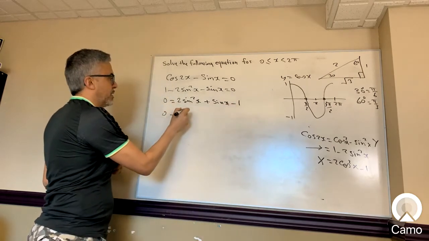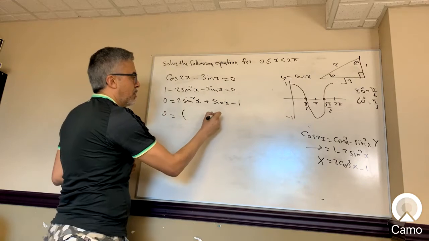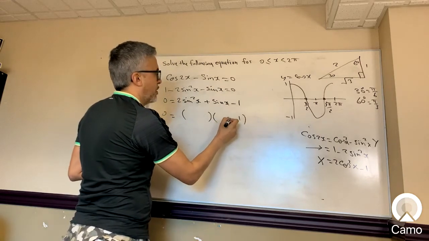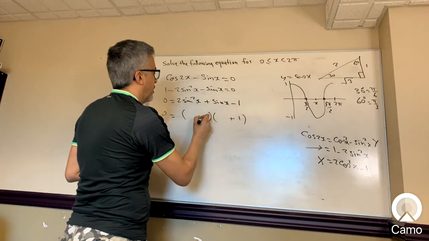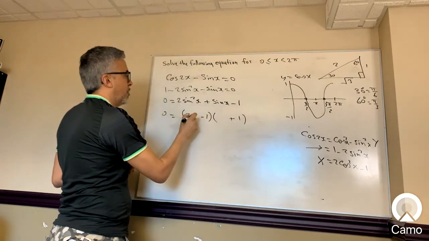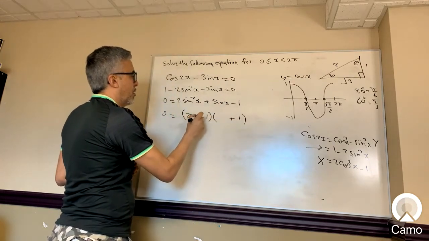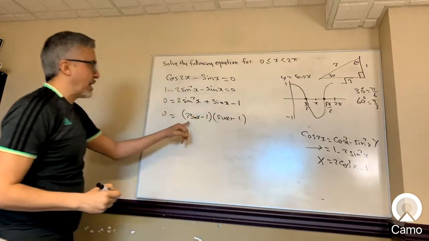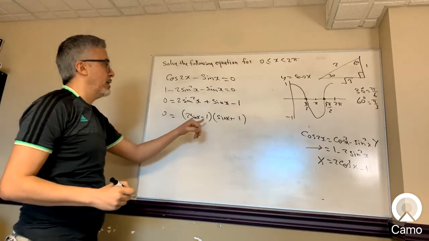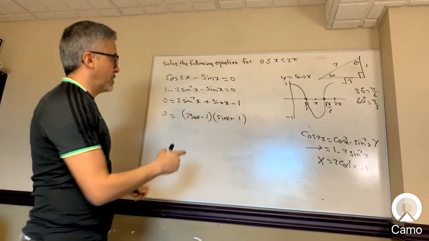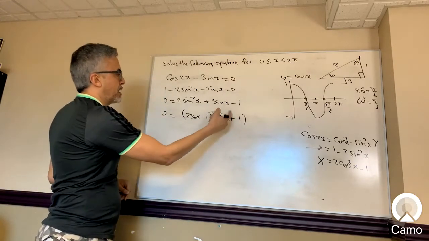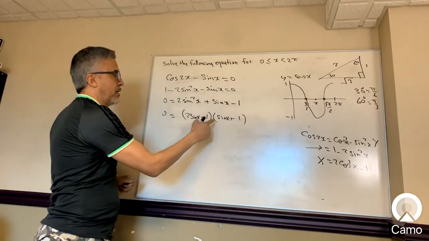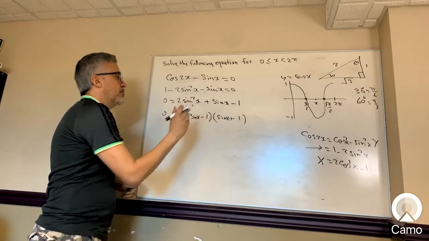Now this factors into 2 sine x minus 1, sine x plus 1, because if you FOIL this, you get 2 sine squared, and then plus 2 sine minus 1 sine will give you the positive 1 sine there, and then negative 1 times 1 gives you negative 1.